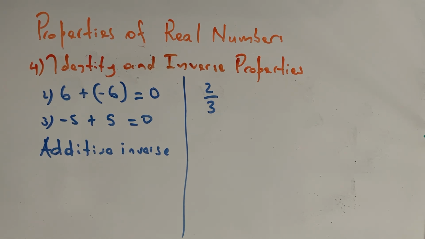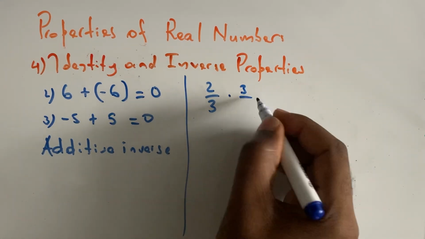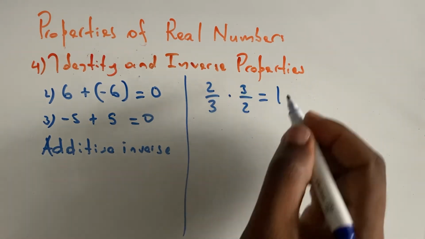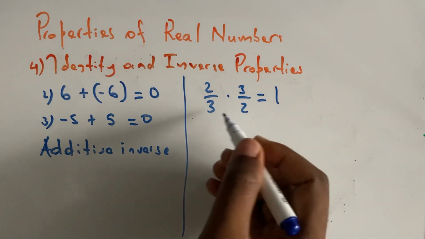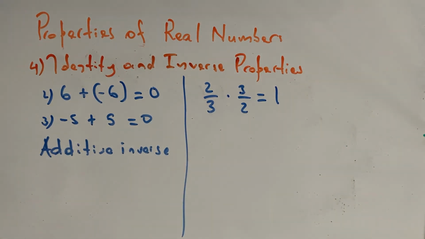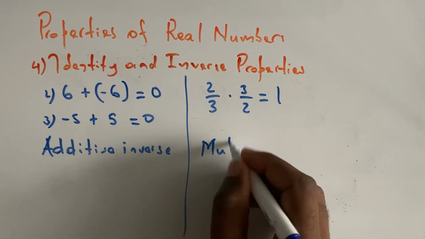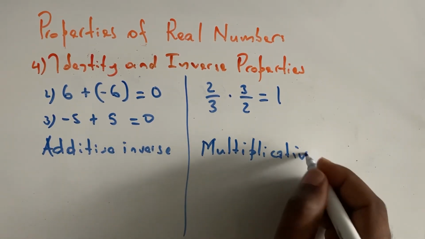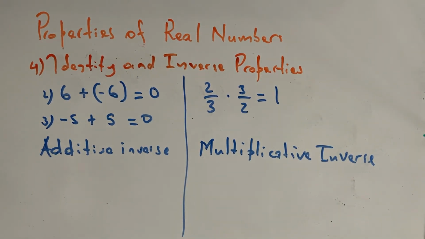The reciprocal or multiplicative inverse of 2 over 3 is 3 over 2. Why? Because when you multiply them, the answer will be 1. So if when you multiply you get 1, then you call this the multiplicative inverse, or what we call the reciprocals.